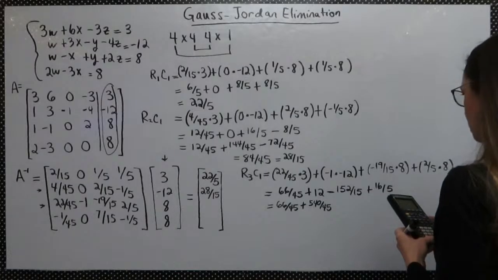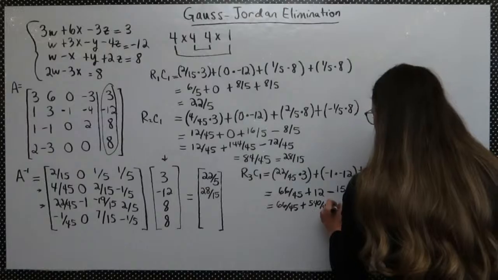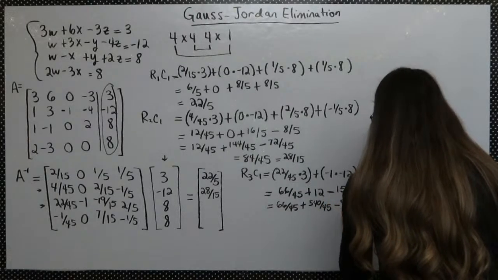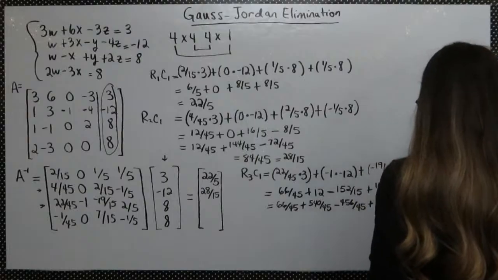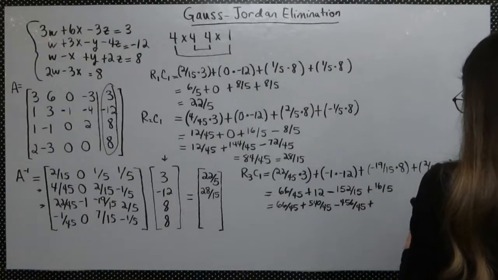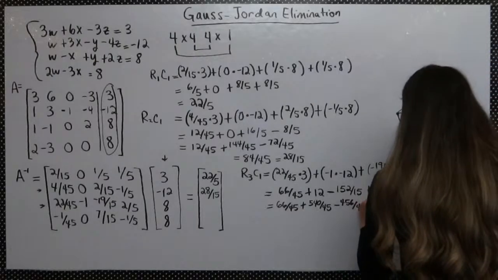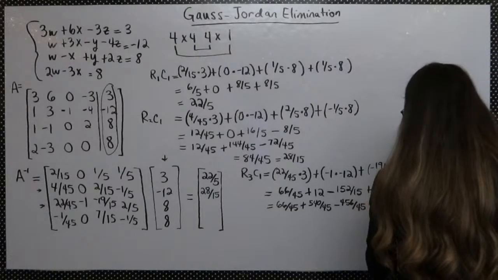So I've got a 3. So that's going to be minus 456 divided by 45 plus, let's see, 9 times 5 is 45, so 16 times 9. We've got plus 144 divided by 45.